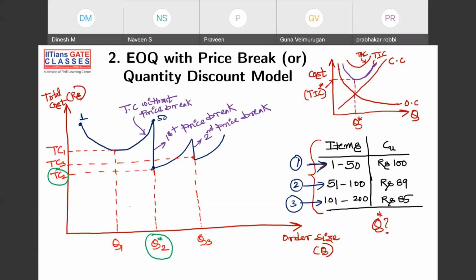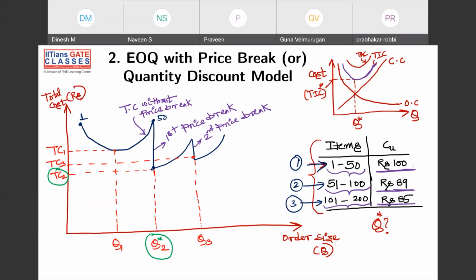We are just adding one more complexity, that I have some discount. If you are buying from 1 to 50 items, each item is rupees 100. If I'm buying some quantity between 51 to 100, my cost will be 89 rupees for each item. And if I'm buying from 101 to 200, my cost per item is 85 rupees.